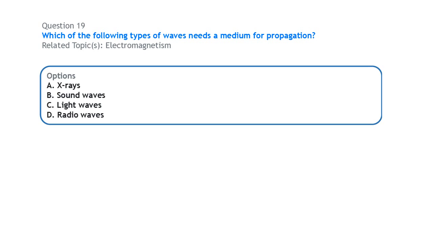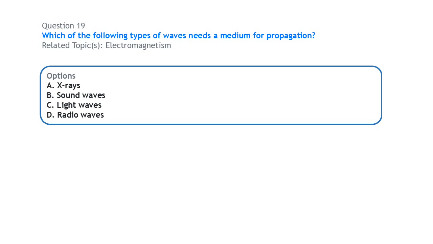Next question on electromagnetism. Which of the following types of waves needs a material medium for propagation? Waves can be classified into two based on the need for a material medium for propagation. We have mechanical waves and electromagnetic waves. Mechanical waves require a material medium for propagation, while electromagnetic waves do not.